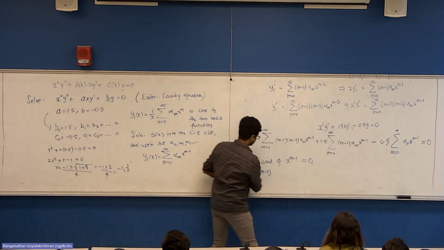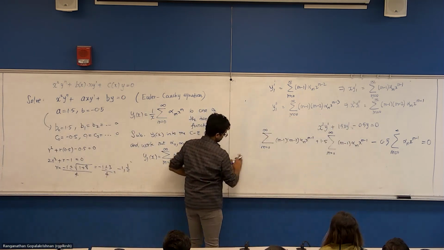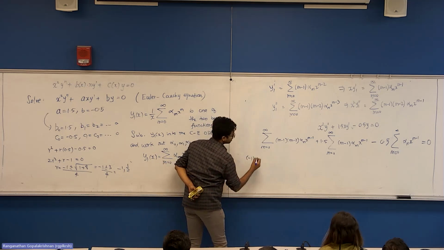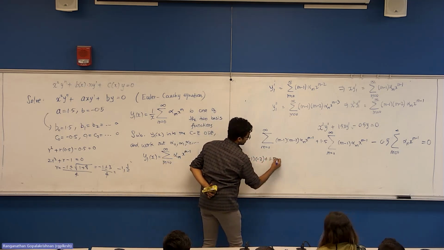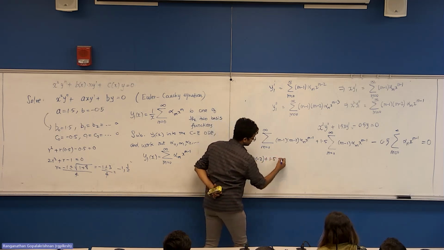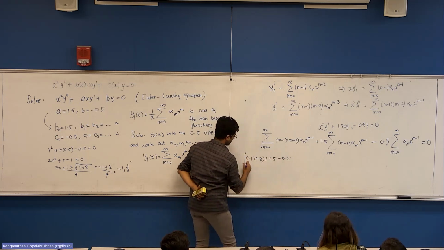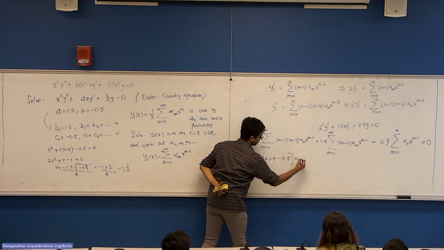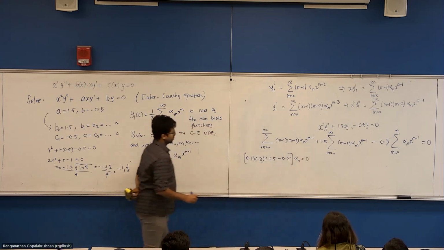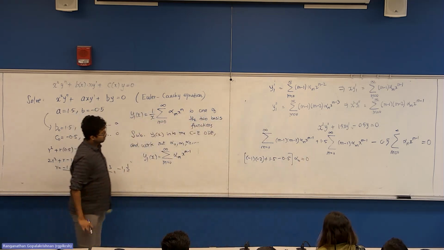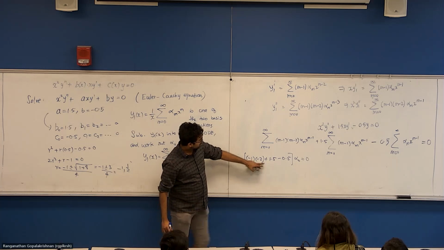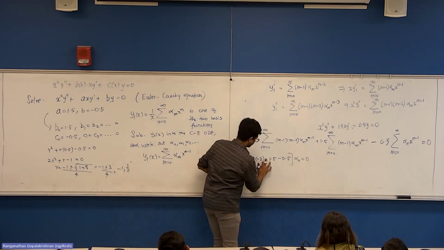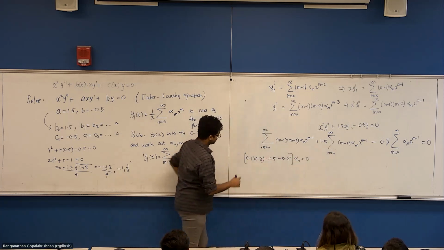What happens? You'll have minus 1 times minus 2 plus 1.5 times minus 1 minus 0.5 times alpha naught equal to 0. Okay, this is 2. Right? This is minus 1.5. So this is 2.